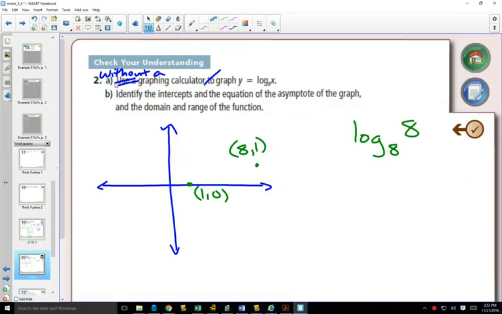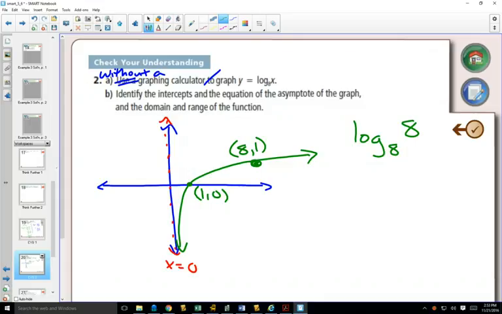Log graphs all have an asymptote at x equals 0. Whoa, make that point big enough so it goes through it. There we go, perfect. And that's the shape of our log graph. And again, our log graph is an inverse, and this graph would be an inverse of y equals 8 to the x.